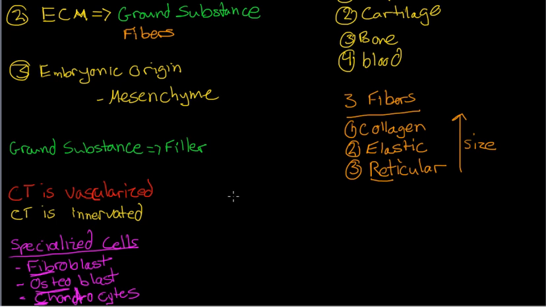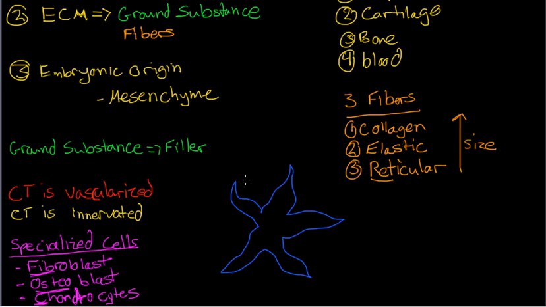In this case, we'll draw a fibroblast here. Instead of the fiber being woven inside and then secreted, it secretes protein subunits and builds the fiber outside on the fibroblast.